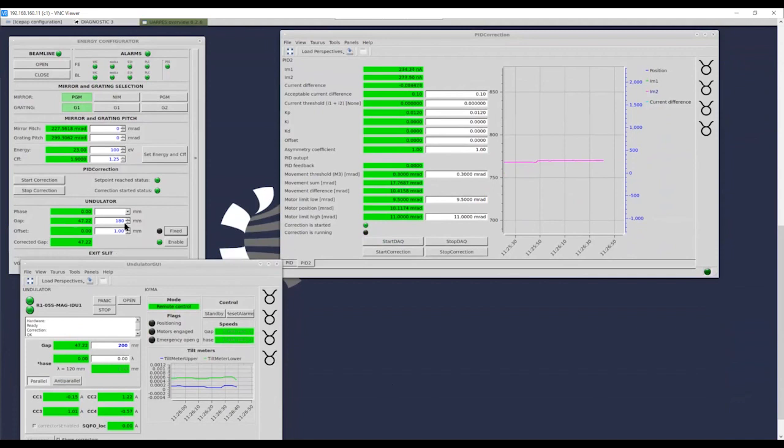And the undulator gap is automatically changed when we change the energy. Here is the PD correction for the automatic search of the beam on the exit slit.